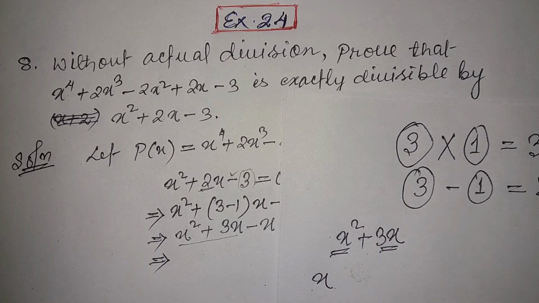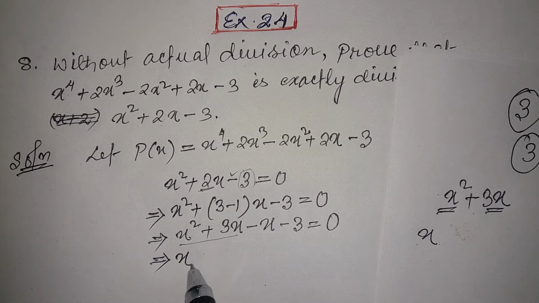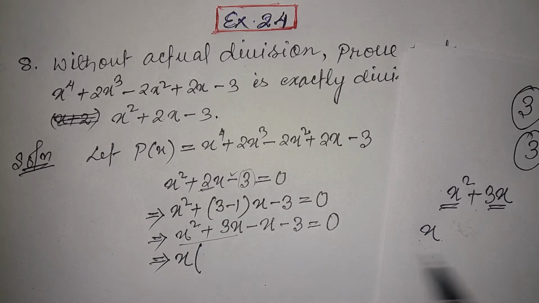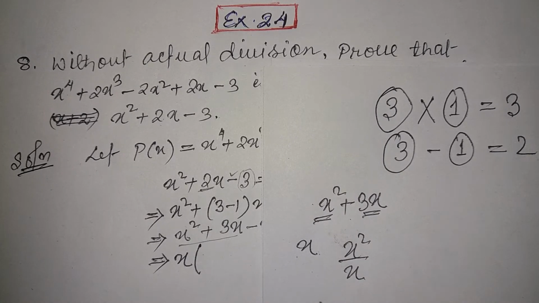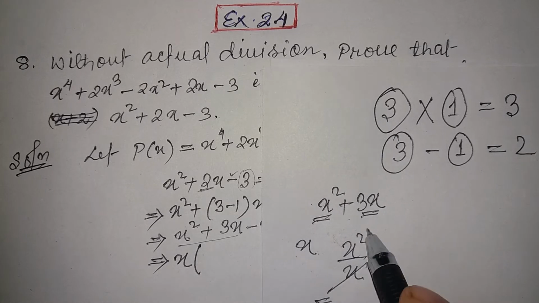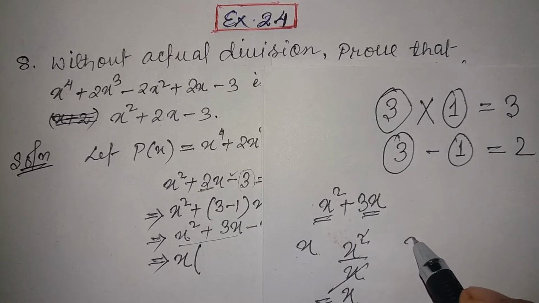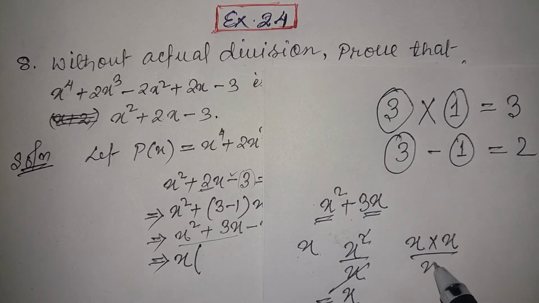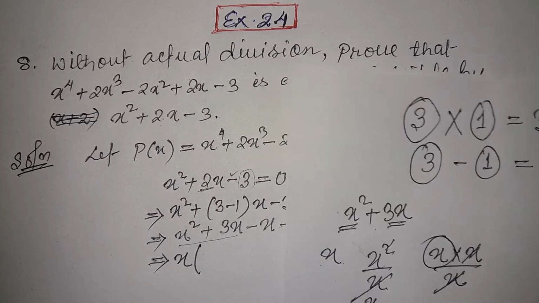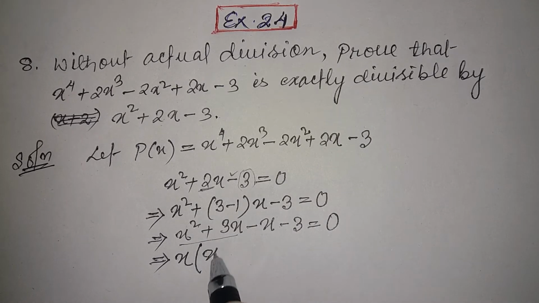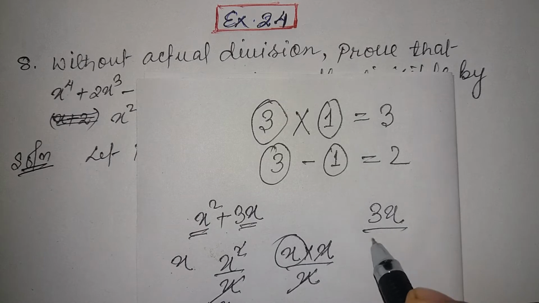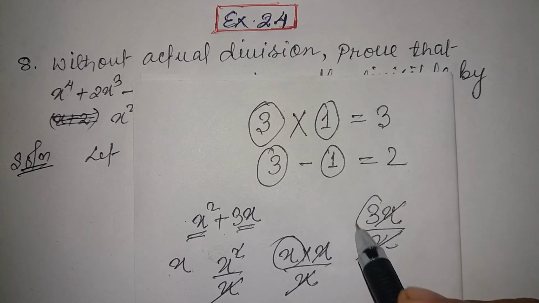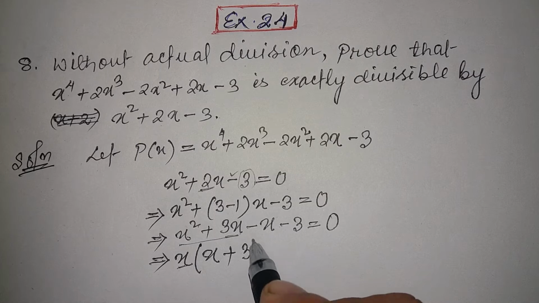So we're going to take x common. x squared divided by x is x, and 3x divided by x, you will get 3 here.